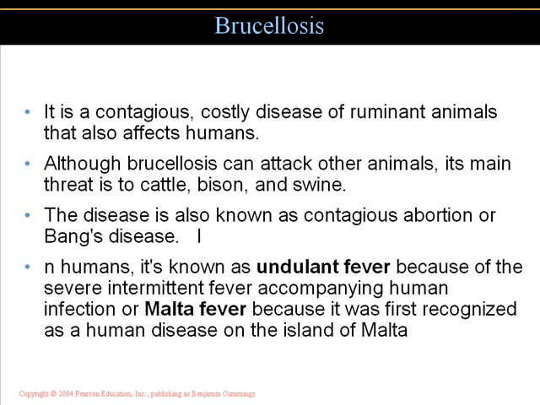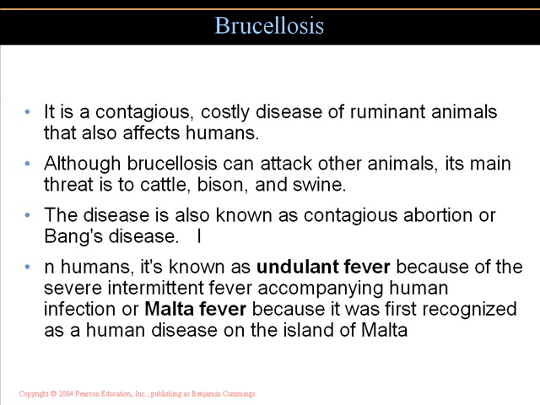Brucellosis basically attacks animals. It's the main threat to cattle and swine, which is where we see the disease transfer primarily to humans. As you can see, it affects other animals as well. The disease is known to cause a contagious abortion, and this is referred to as Bang's disease in certain animals, also known as undulant fever.